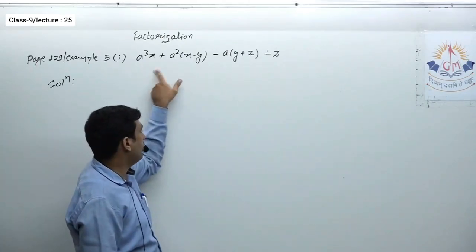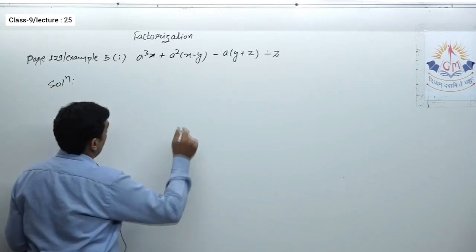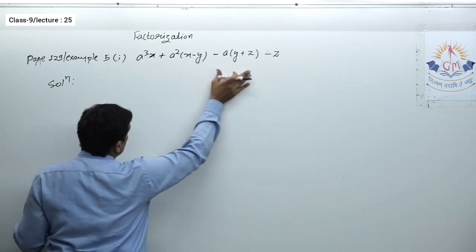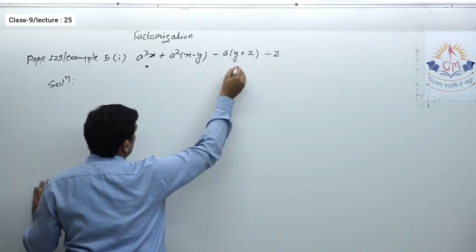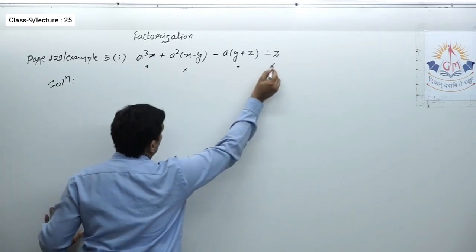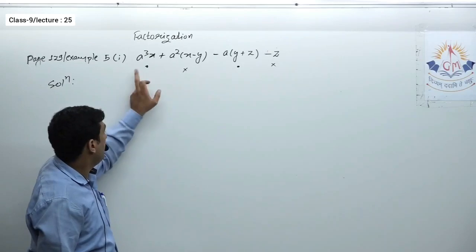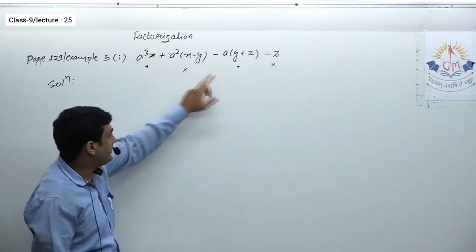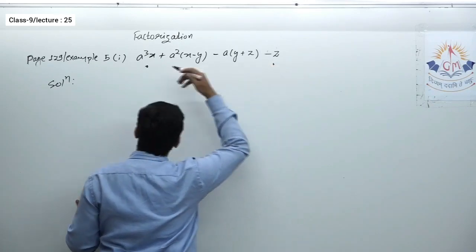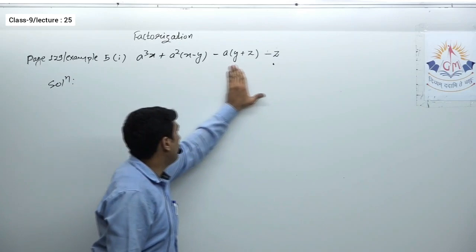The first two have something common, but these two do not. If I interchange the position, with the first I take the third one, the first and third have a common, but the second and fourth do not have anything common. Now if I take the first and fourth together, nothing is common either. It means directly we do not find anything common.